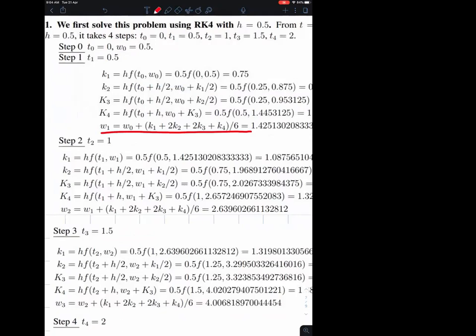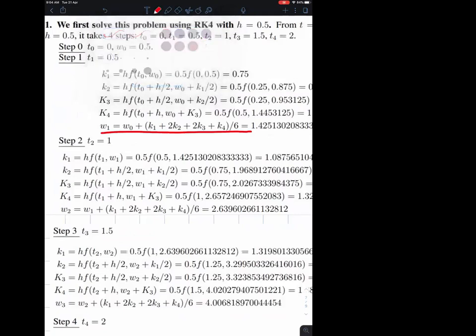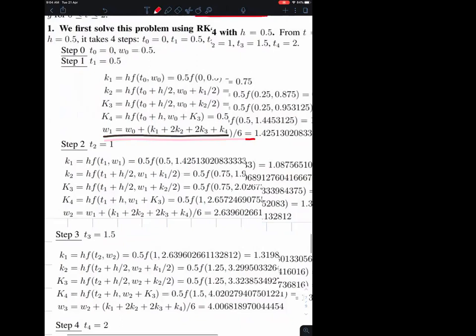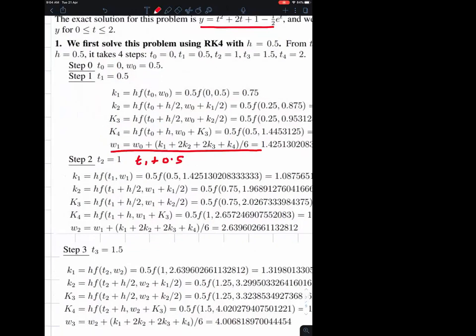If you want to continue and find other solutions, t2 is t1 plus 0.5, and the next one will be t2 plus 0.5.